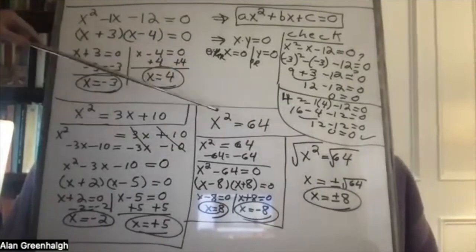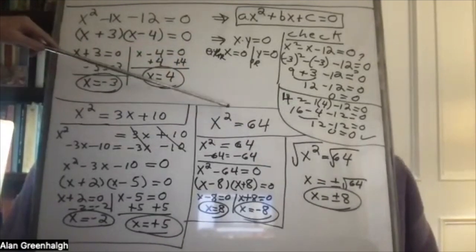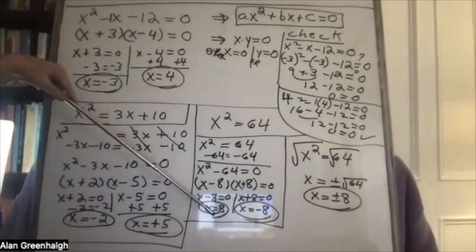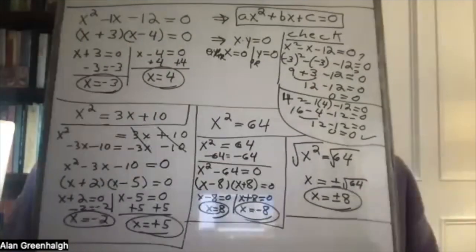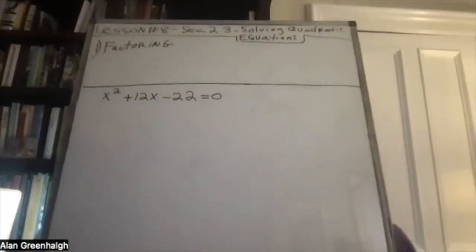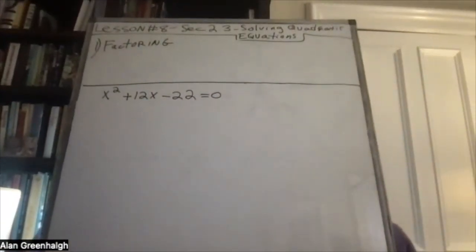But when you solve a quadratic equation, a second-degree equation, you're always going to get two values of x. That's the first method of solving a quadratic equation by factoring, and we're now going to go on to the second method.